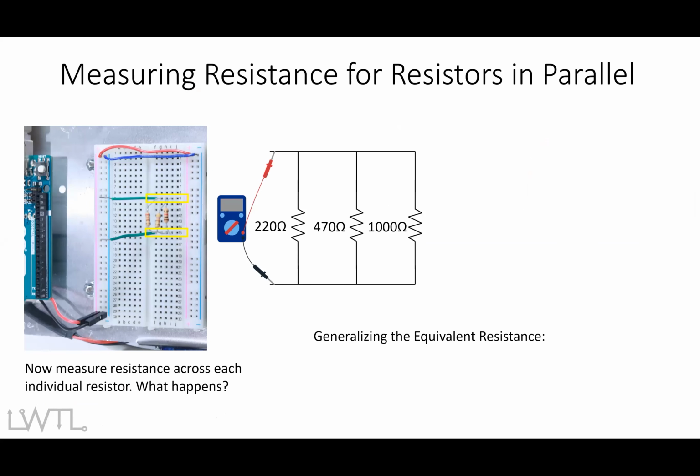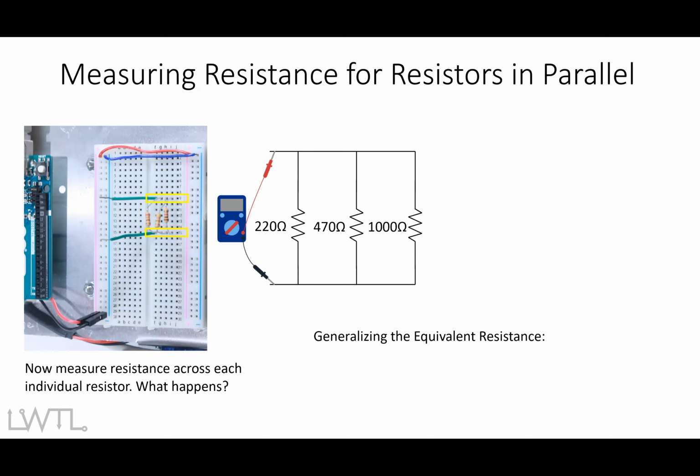Okay, so when we're measuring the equivalent resistance across the three resistors in parallel, we notice that the resistance value became smaller than the smallest resistor in the parallel circuit. And so we know somehow it's reducing in size, and it's a portion of what the individual resistors are.